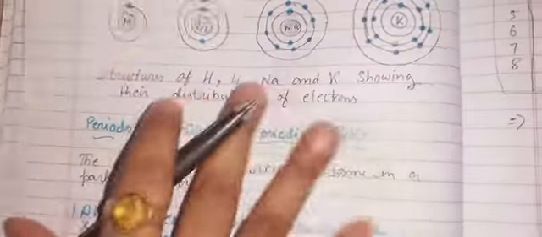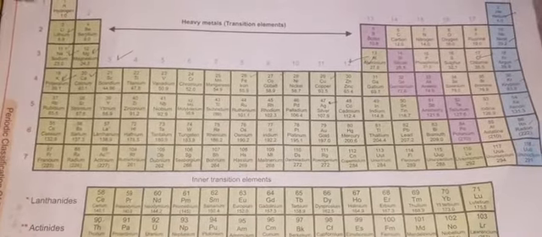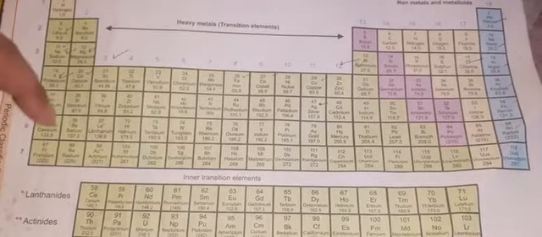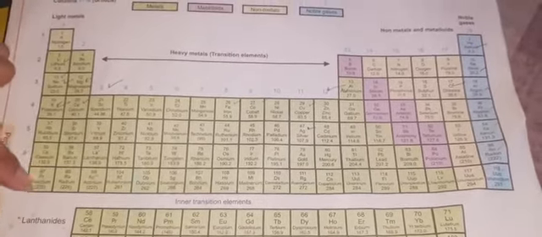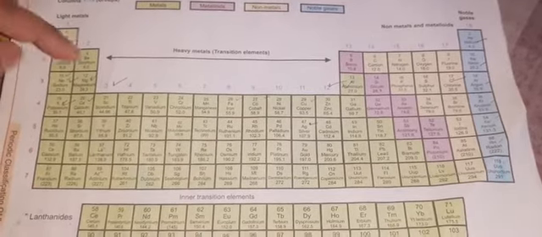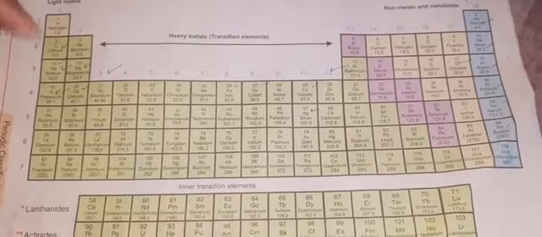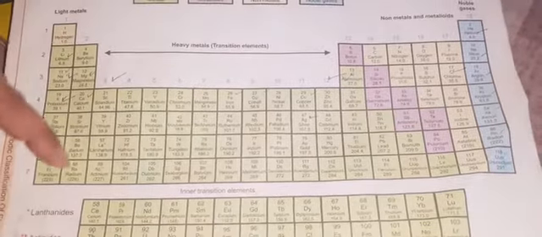So this is the reason, this is the only reason, whatever we have learned here, you have to understand why the elements of one group show the same property, because they all have the same number of valence electrons. Like in this row, the number of valence electrons is 1, so that property, that quality, is with every element of this row. Here in this group, all the elements have 2 electrons in their outermost orbit, so they all will behave similarly and show similar properties.